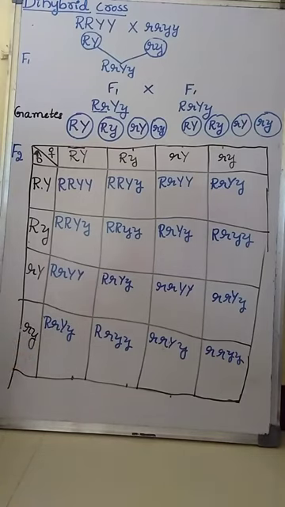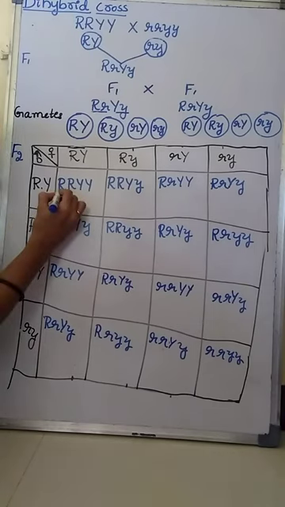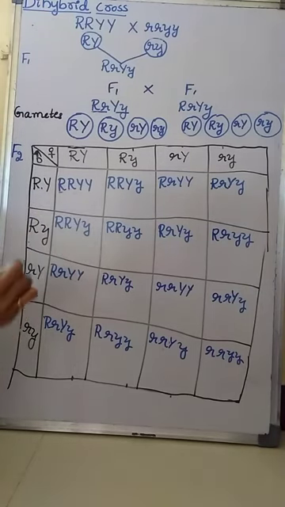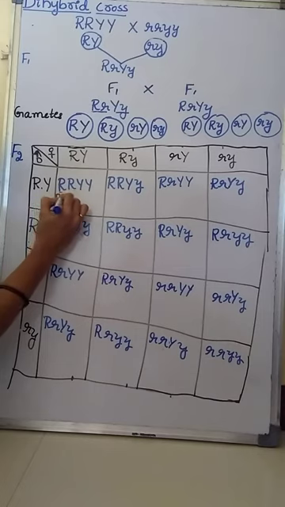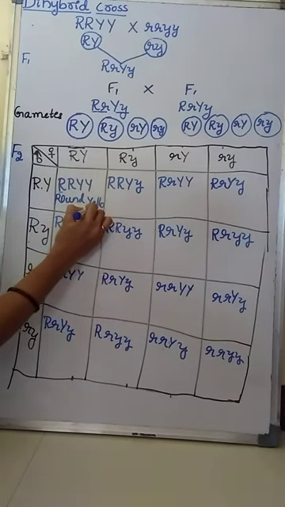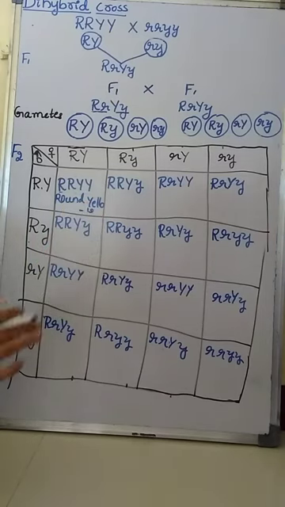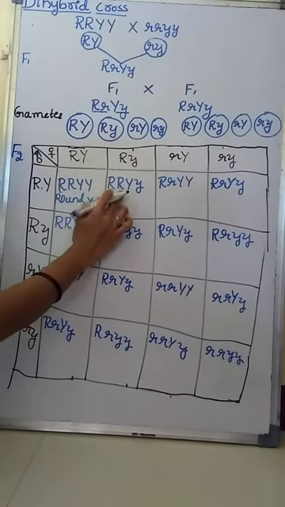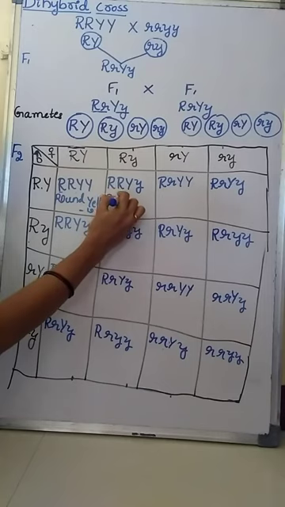Like this we have to fertilize or fuse the gametes. Now we will see what types of characters we will obtain from this combination of genes. See here, all dominant genes are present, so we will get round yellow. For roundness we have dominant genes.